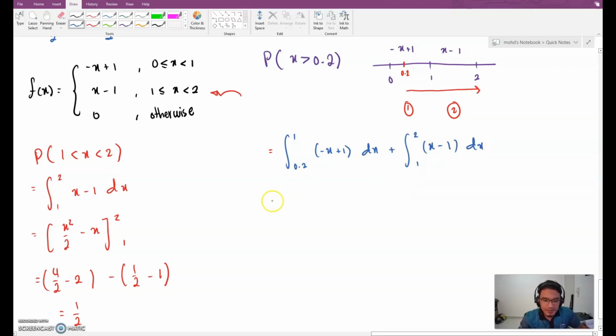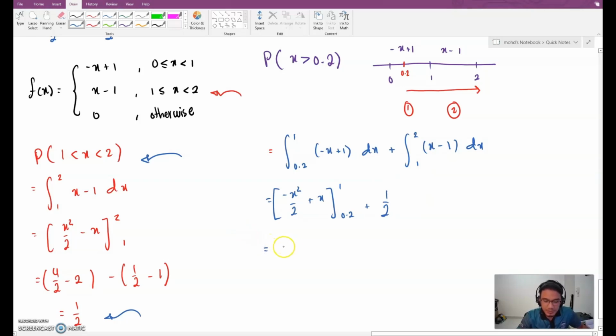Alright, then just proceed with the normal integration: negative x squared over 2 plus x from 0.2 to 1, plus the integration of x minus 1 for region 1 until 2. We already did the calculation for this part and obtained the value 1 over 2, so just plus 1 over 2.